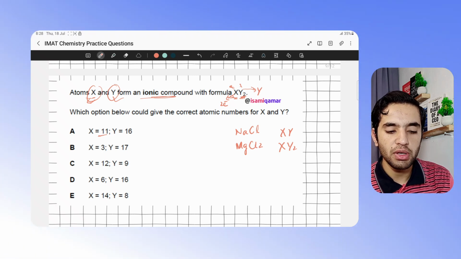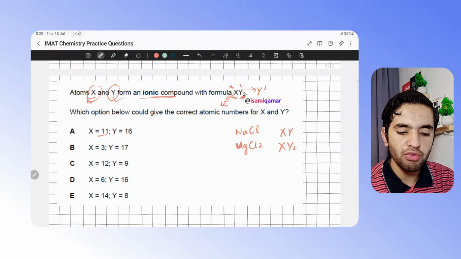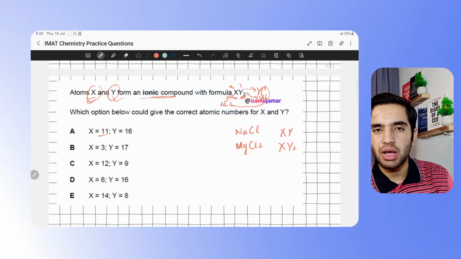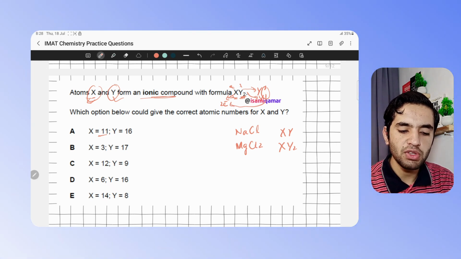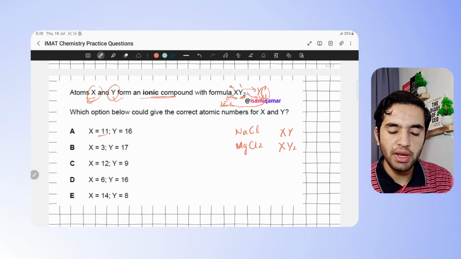So that's why 2Y are included: 1 from here and 1 from another Y, so it will be 2, and these 2 are going to accept these 2 electrons. So this is how it will form an ionic bond.